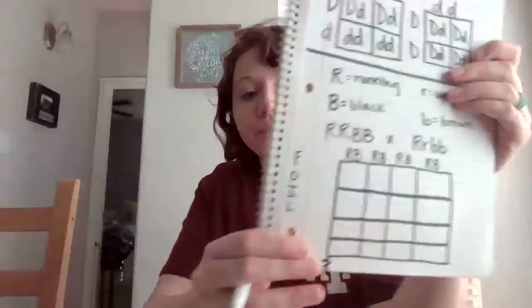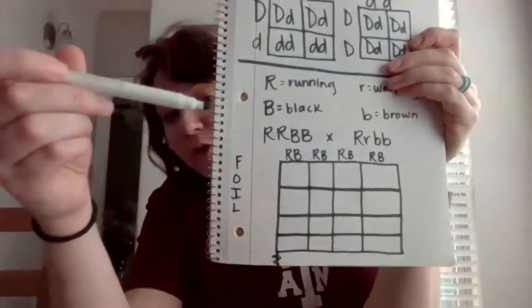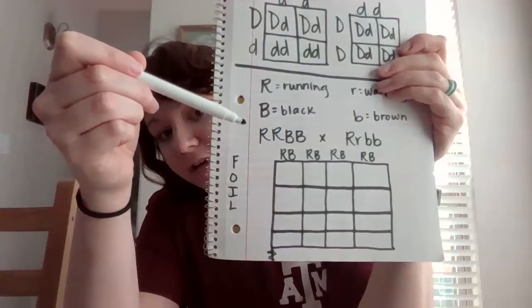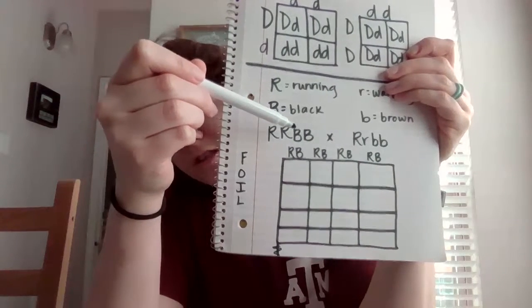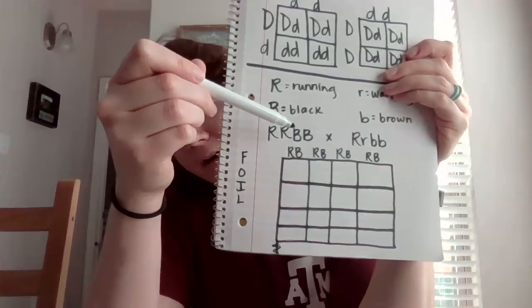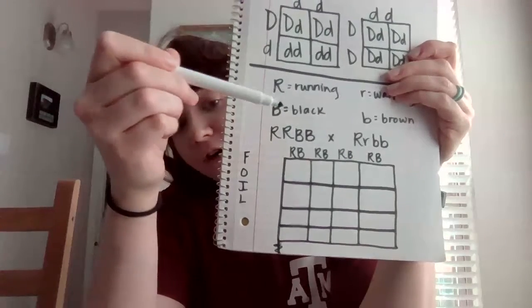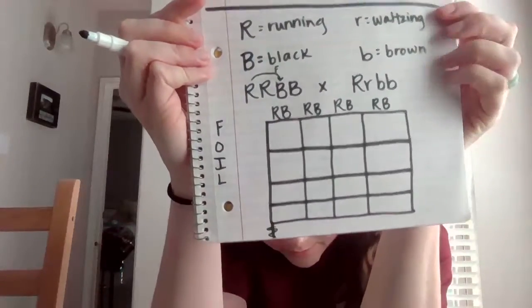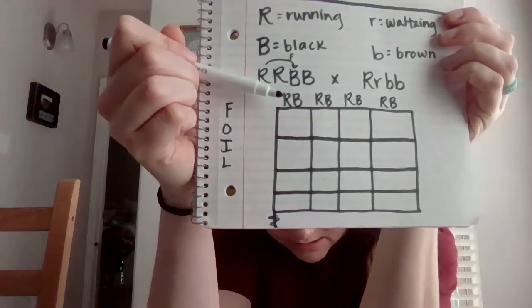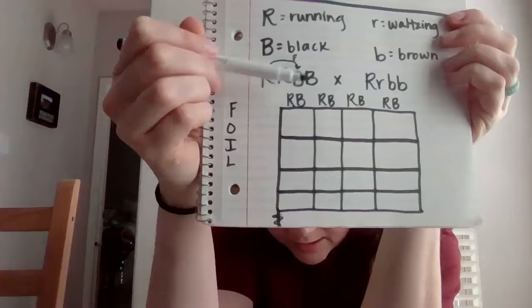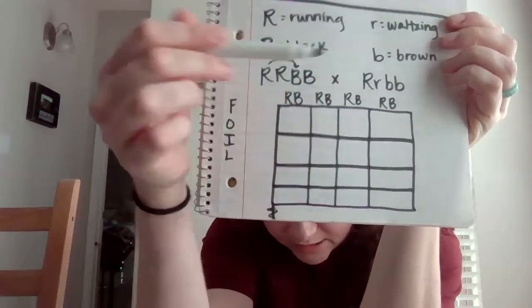Okay, so what we're going to do is put the first letter of the genotype for running with the first letter of the genotype for the hair, for black. So first, that's how we have our first genotype here, capital R, capital B. Obviously all of these are going to be capital R, capital B, but we can see for the second one how it's going to change.